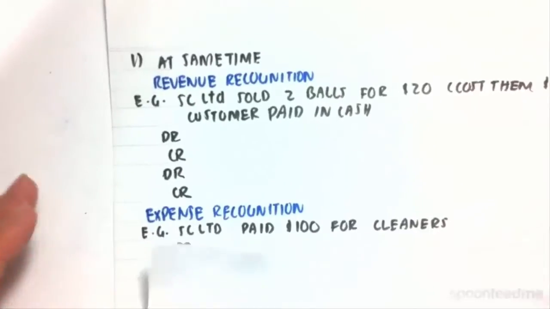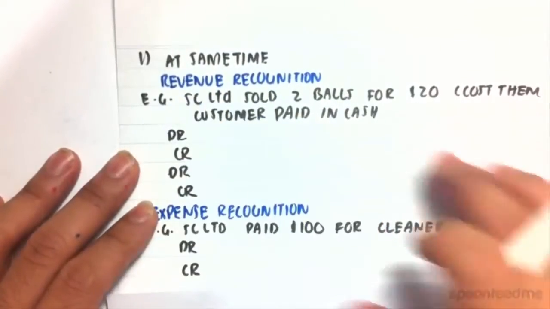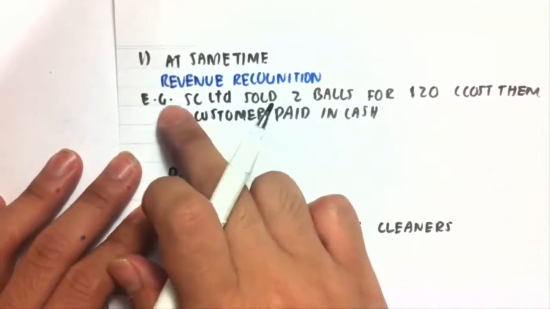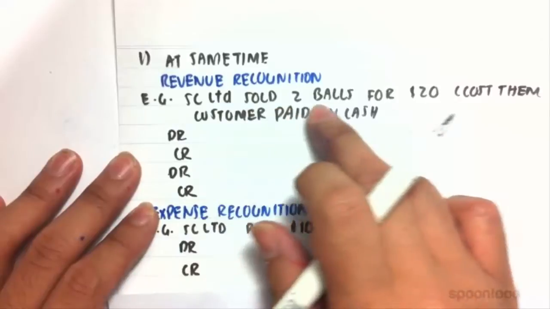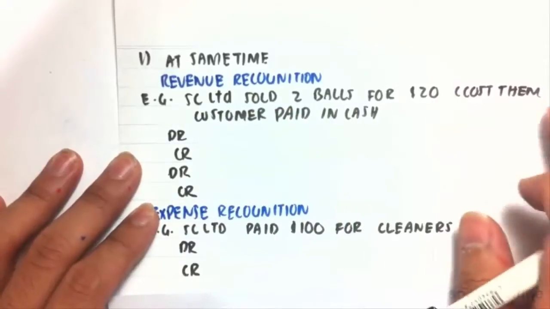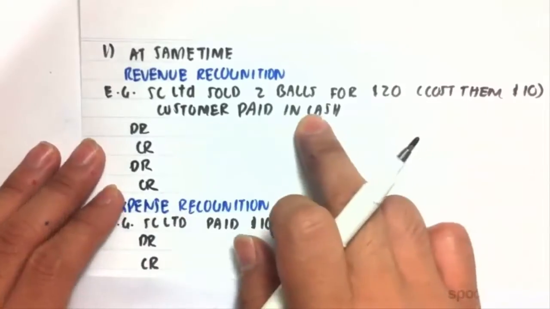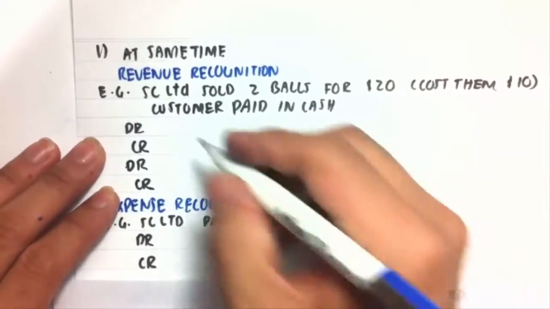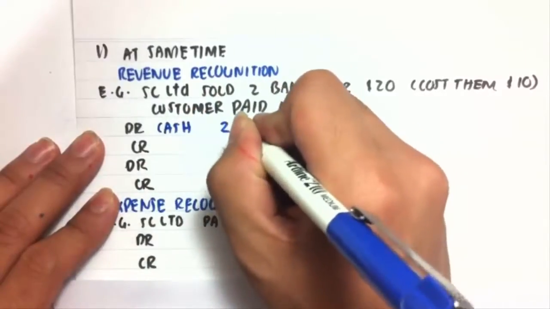So when we recognize revenue at the same time as the cash, the example I've given today is: SCT Ltd sold 2 balls for $20. It cost them $10 to buy from suppliers, and the customer paid in cash. In order to record this, we record cash of $20.